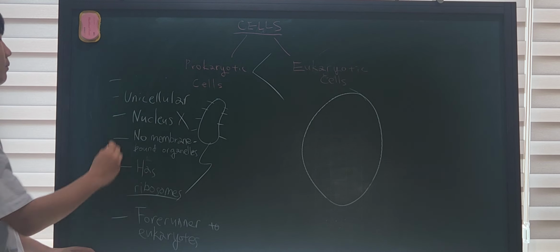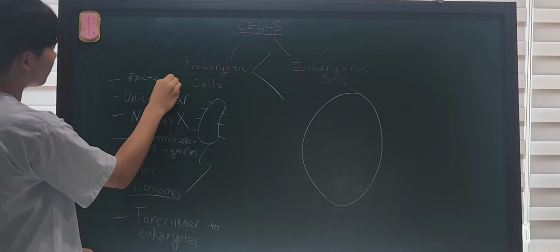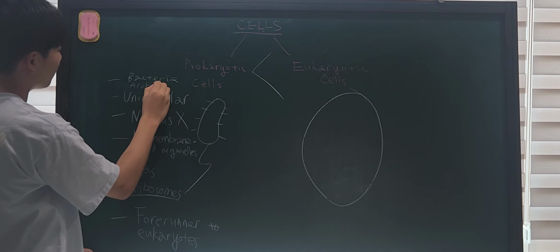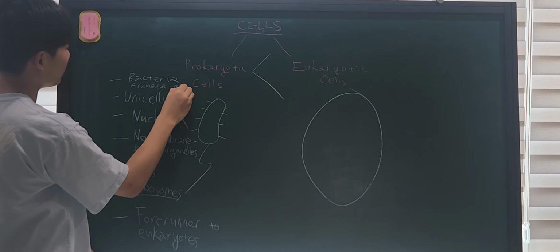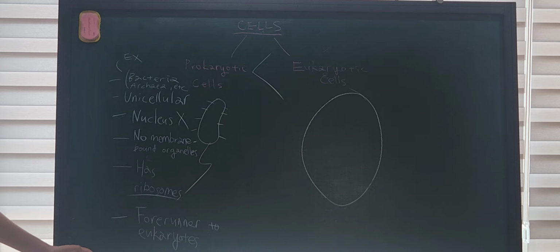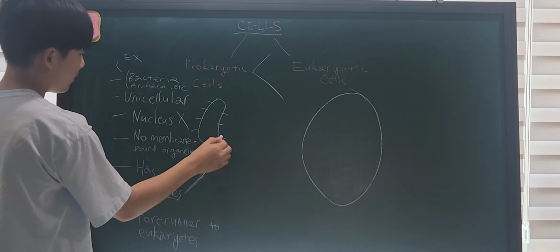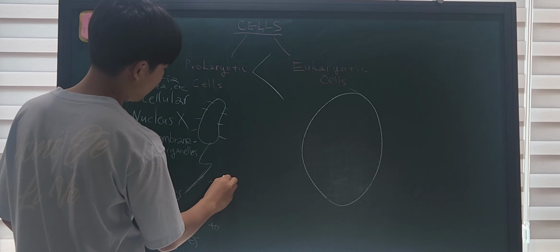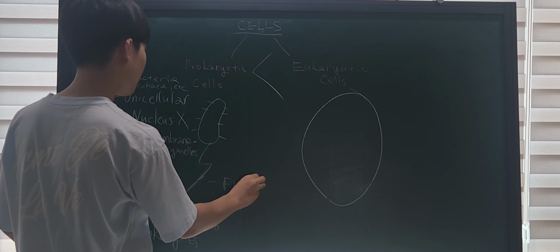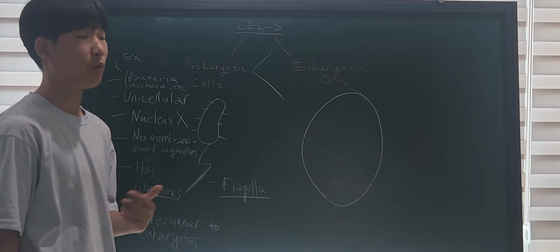For example, prokaryotic cells include bacteria, archaea, and etc. It's really old. Those are examples. To explain, this small tail is called the flagella. And the flagella provides movement for the prokaryotic cell or other cells.